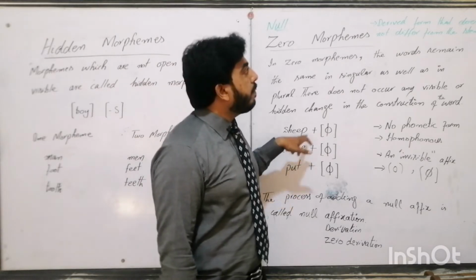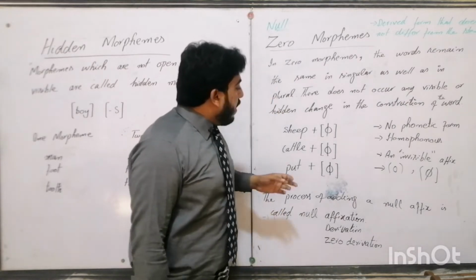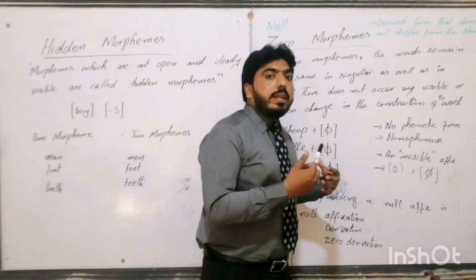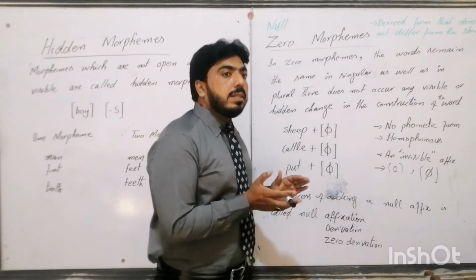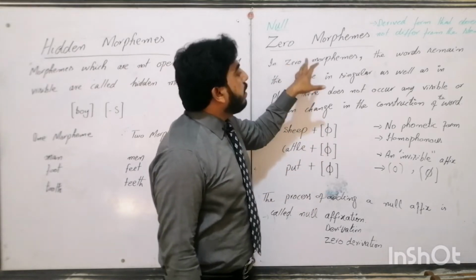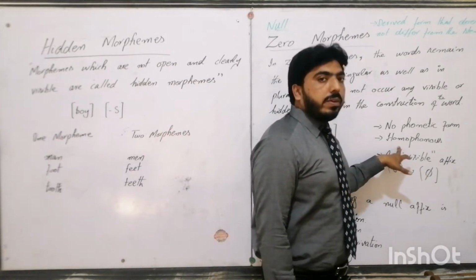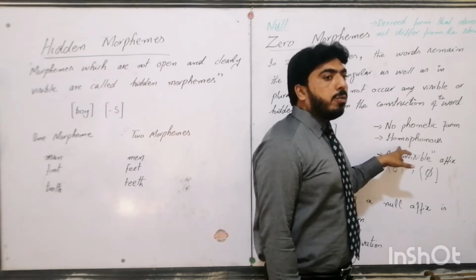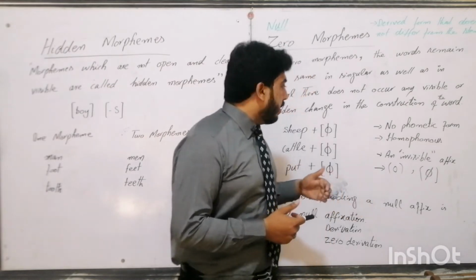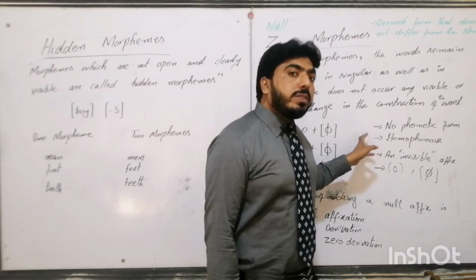Derived form that does not differ from the stem. And put, cut, cut. When you get the derived form, that is quite similar. That is why we call these zero morphemes homophonous, right? They are homophonous words. Homophonous means having the same pronunciation, like sheep singular and sheep plural have the same pronunciation.